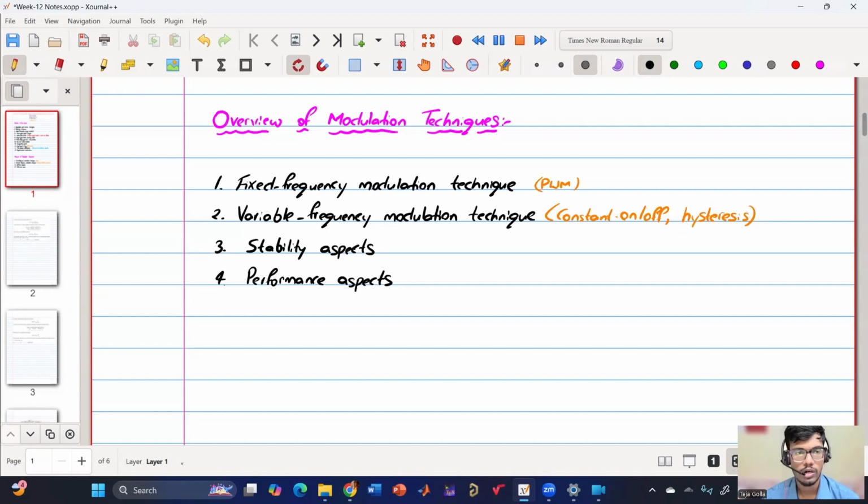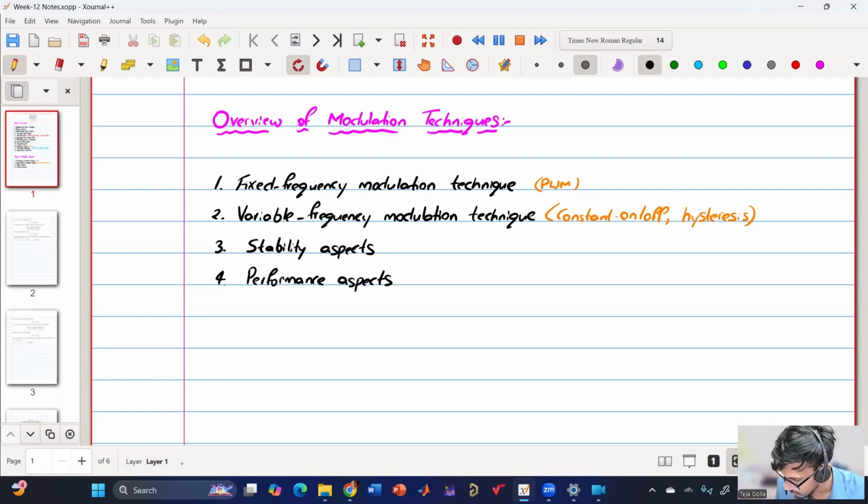So off time is constant, on time is variable, so step up performance will be better. Whereas in the case of constant on time, on time is fixed and off time is variable, so step down performance will be better. So we have seen the performance aspects as well as the stability aspects, where sir has mentioned in this week that fixed frequency modulation techniques suffer from subharmonic instability, whereas variable frequency has a wide range of stable operating region.